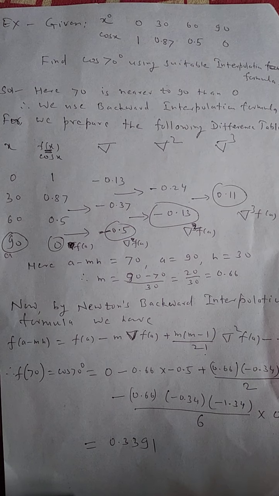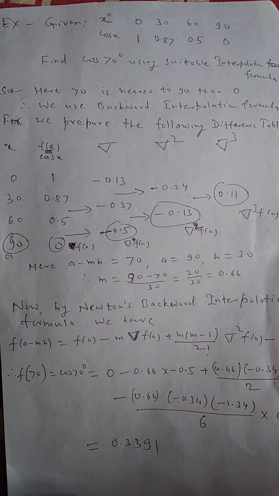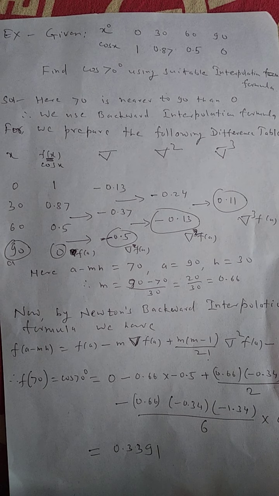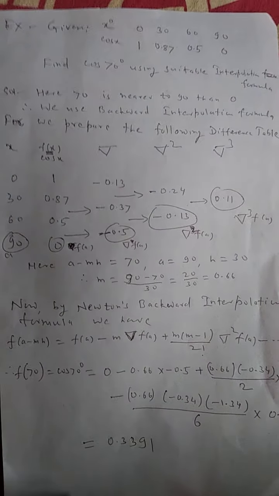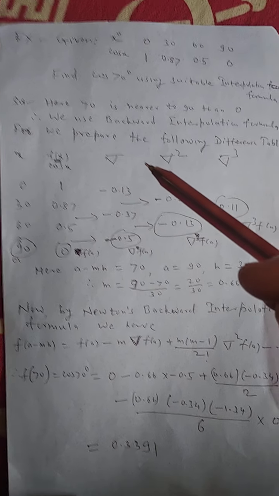If it is nearer to the last argument, then use Newton's backward formula. If it is nearer to the first argument, then use Newton's forward formula. So this technique you have to keep in mind while selecting the formula.